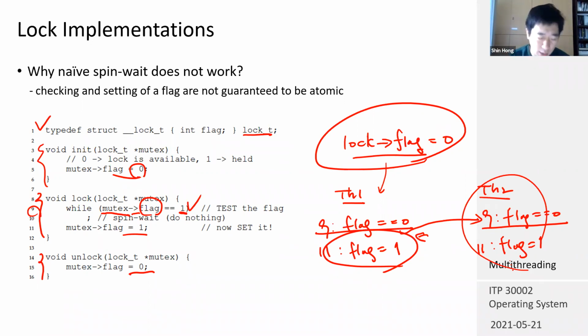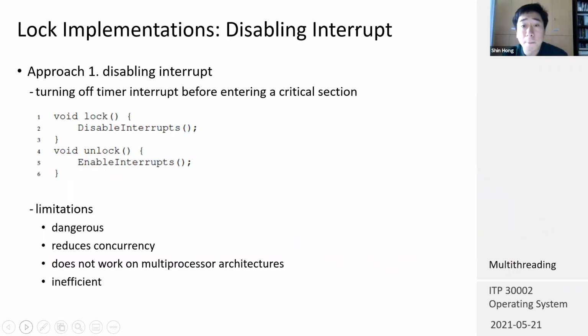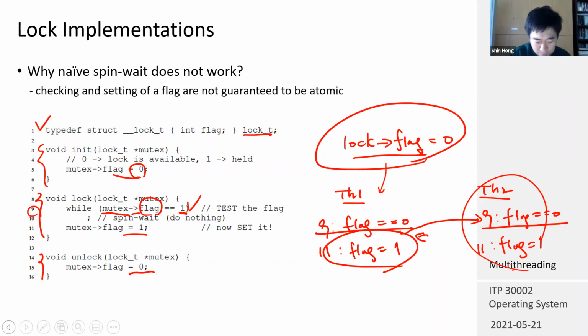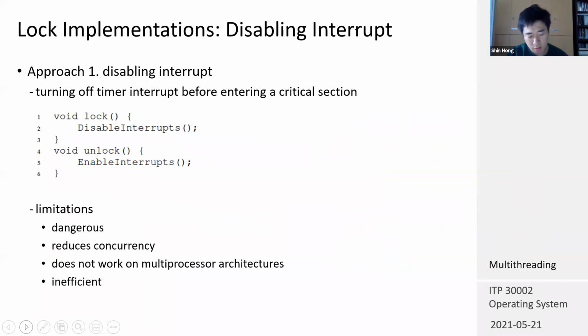Then what kind of approach can we take? There are three. The first approach is that, instead of doing this kind of stuff, what it actually does is that the lock operation just disables interrupts, and then unlock just enables the interrupts back. What do you think?